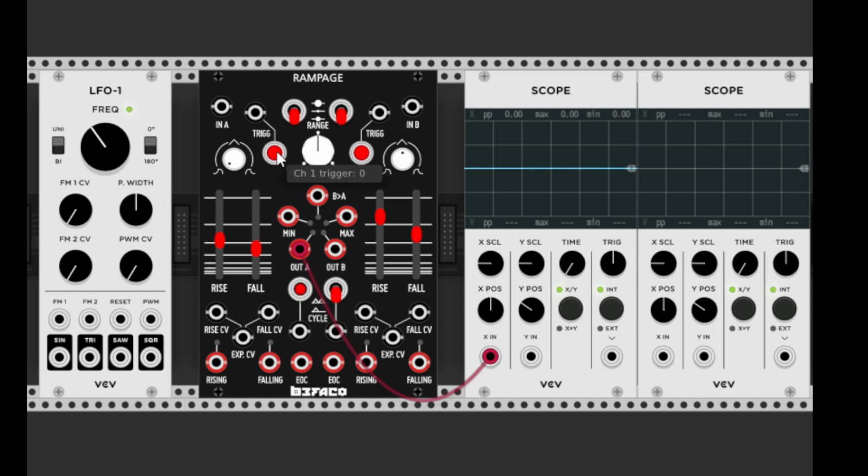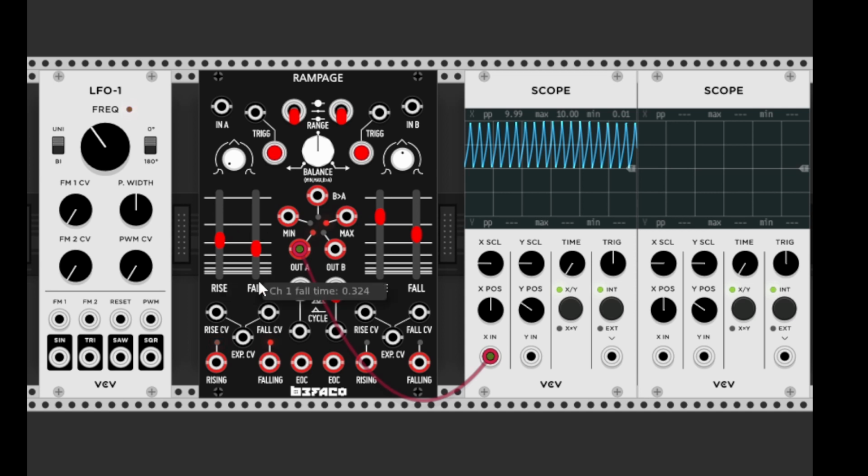I have to trigger it once, and then it loops. So you see, I don't need the end of cycle output here, which produces a trigger impulse always when rise and fall time of the unit are completed. Simply switch to loop. Let's switch down again. And I can do this, of course, independently, one looping and one not.